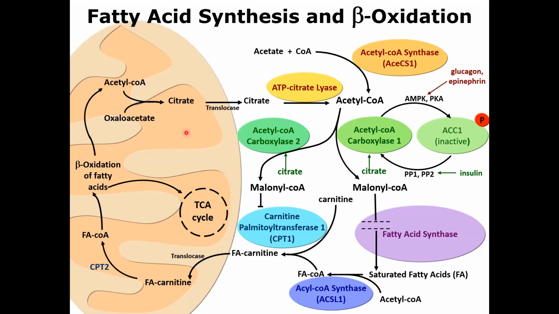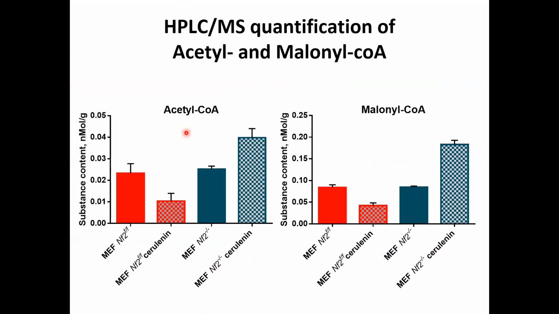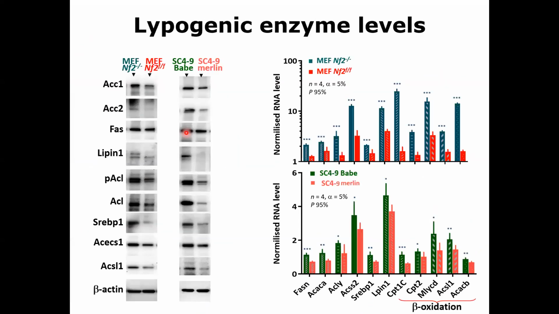So we tried to evaluate the expression levels of all these lipogenic enzymes, and found out that most enzymes express at a much lower level in control cells, and the loss of the NF2 gene causes the increase in expression indeed.